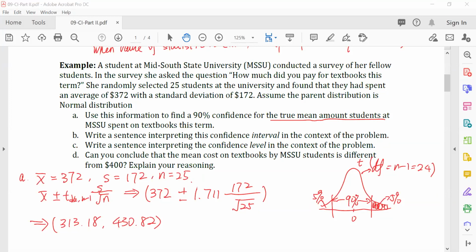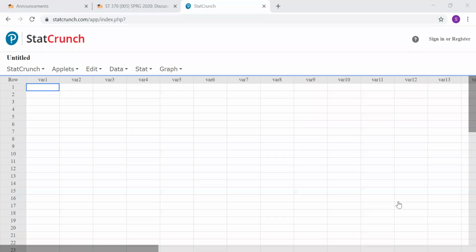Are you guys able to see the StatCrunch? Probably not. I need to share this. Are you guys able to see the StatCrunch now? Yeah.